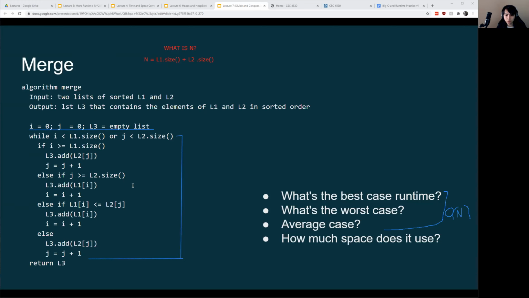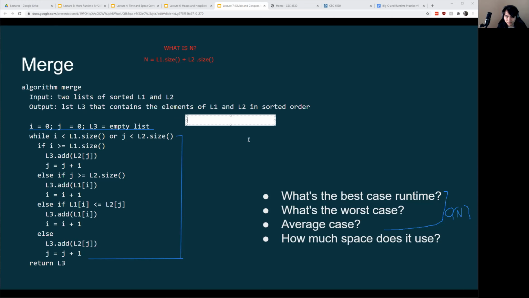One thing you want to note when you're looking at the while loop, we have some I and some J. We're checking to see if I is less than L1 dot size and J is less than L2 dot size. If either of these are true, then we're going to do the while loop. And if you look inside, even without understanding exactly what's going on in the code, we see that J is being incremented by 1 and I is being incremented by 1 in all of these cases.